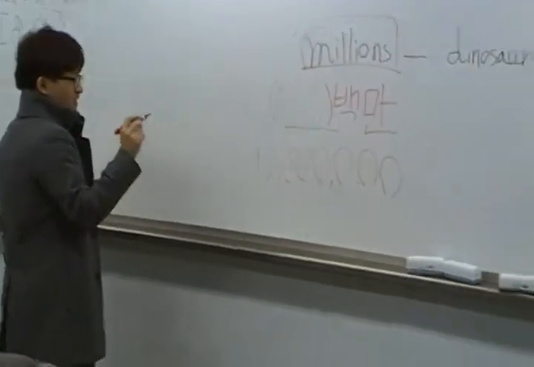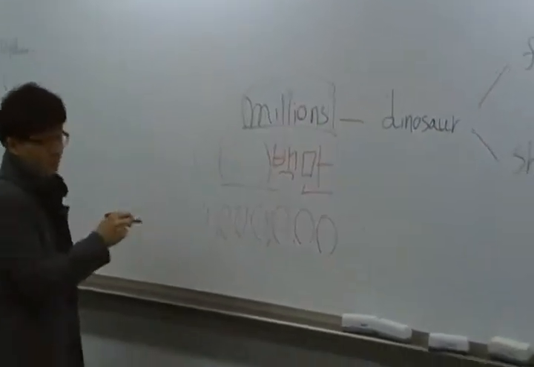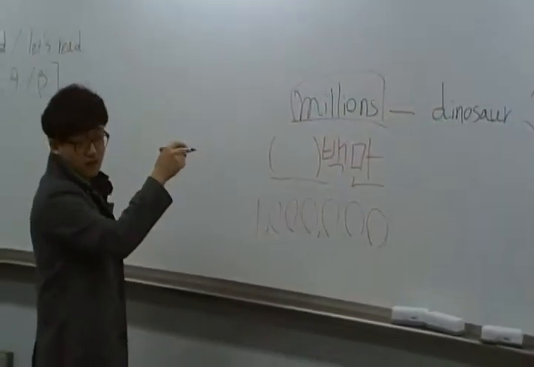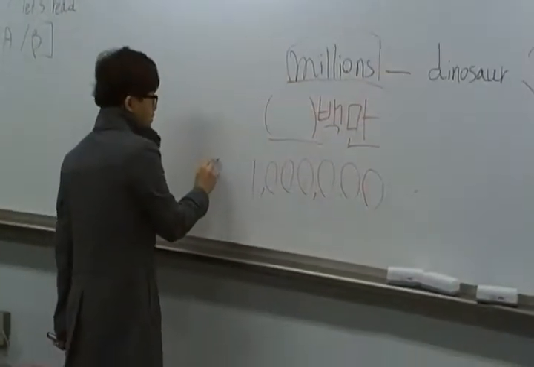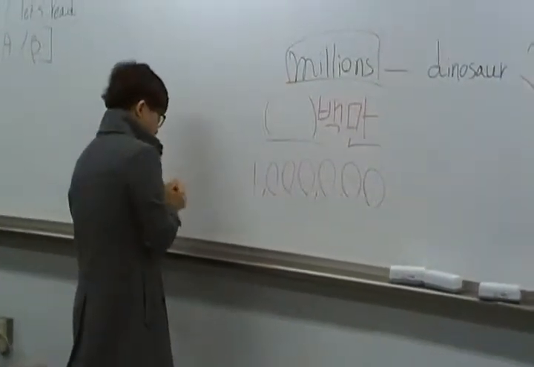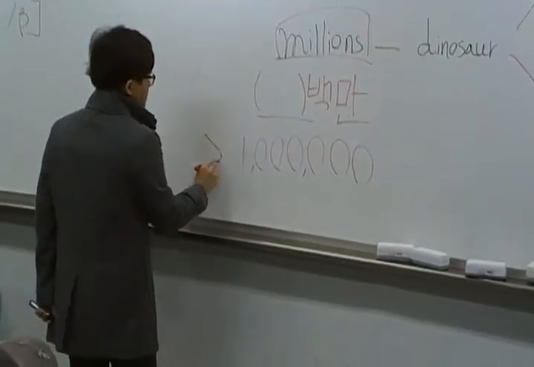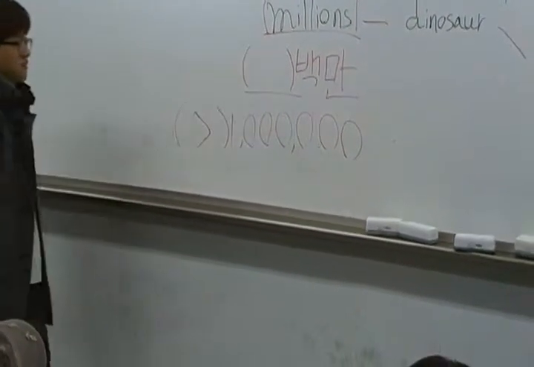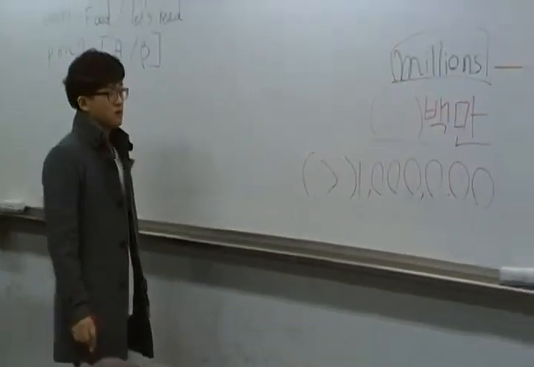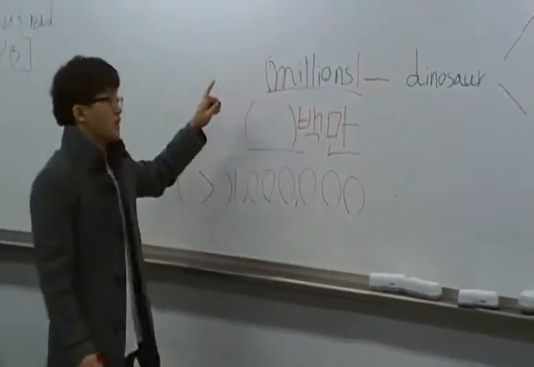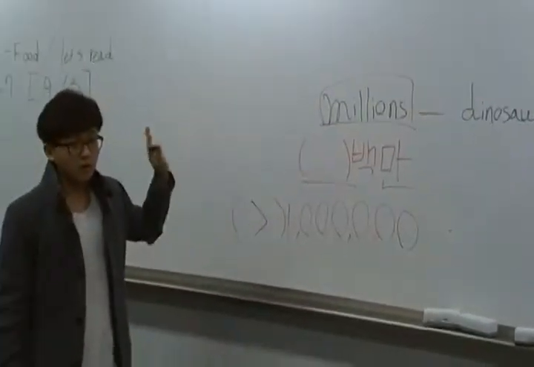So I want to ask, is it enough for millions? I don't think so. So we need to add some additional component. Although it is not a perfect answer, millions is a number that is more than 1 million.